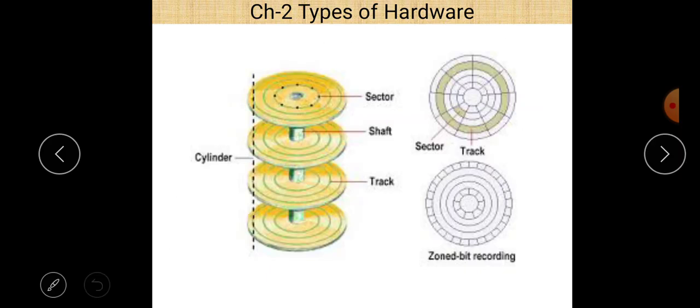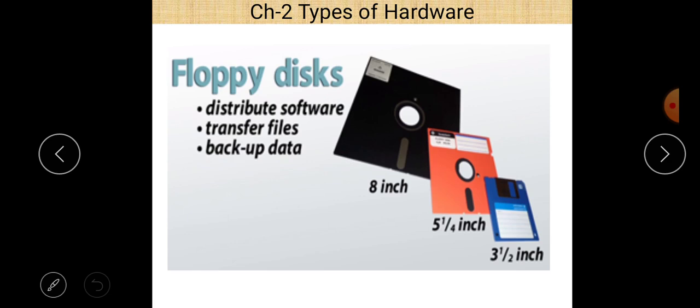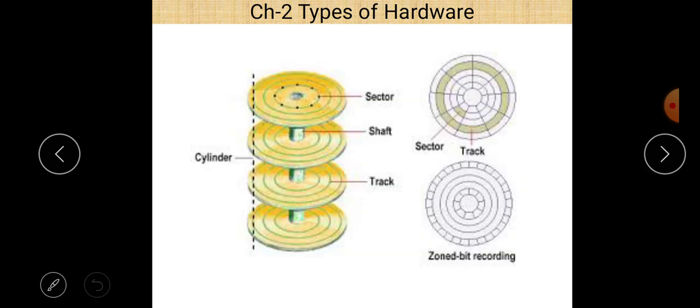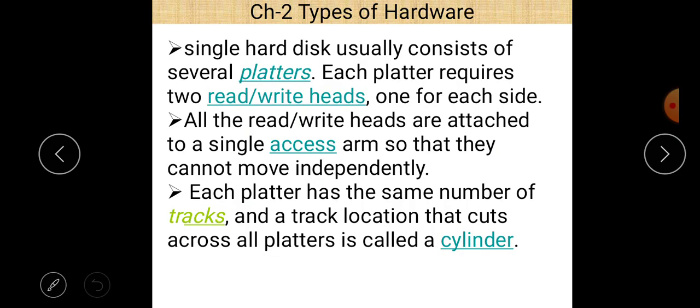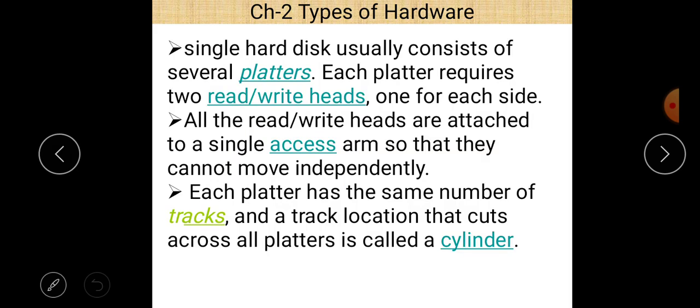That is very important. You can easily see that that is a cylinder here, and there are many cylinders in it. This is one of them. So a track location that cuts across all platters is called a cylinder. So that is the diagram of a hard disk.